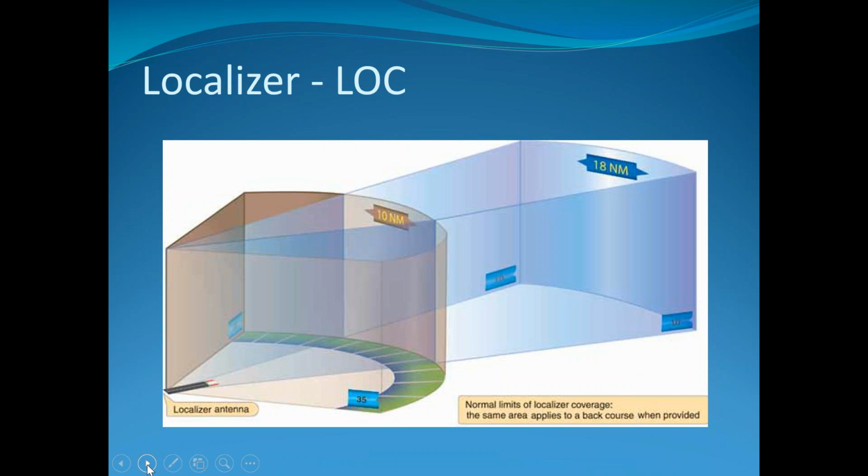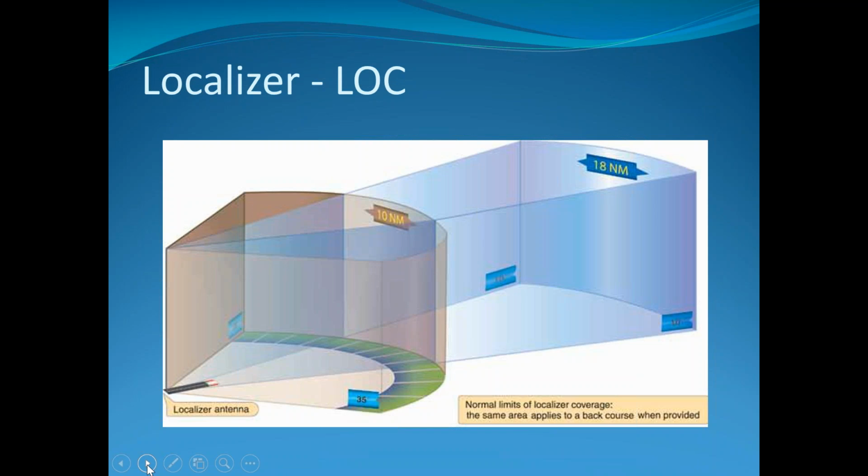If you use just the localizer portion of the ILS, then it's considered a non-precision approach. It has higher minimums associated with it, and it gives you just that horizontal guidance, using just one half of the ILS.